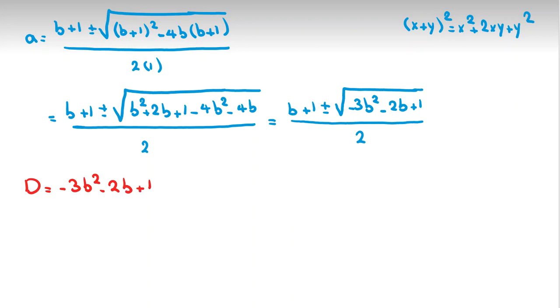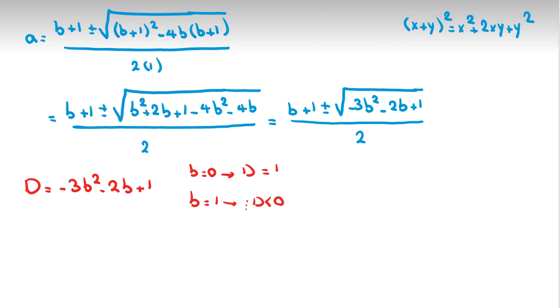So if b is 0, discriminant is 1. It's good. If b is, for example, 1 or 2 or a greater number, this will be less than negative 1, and this will be negative.